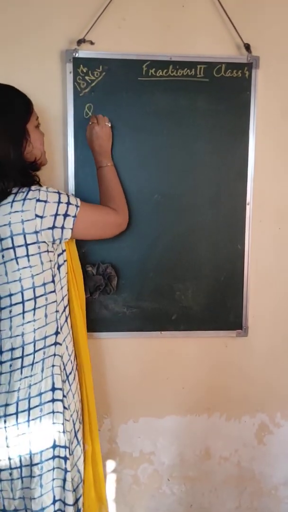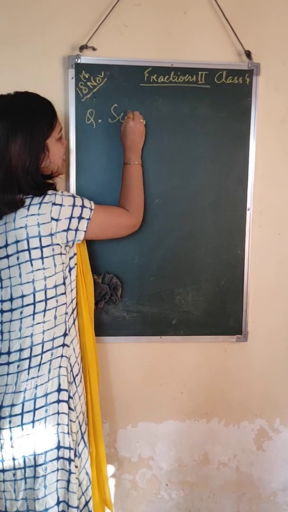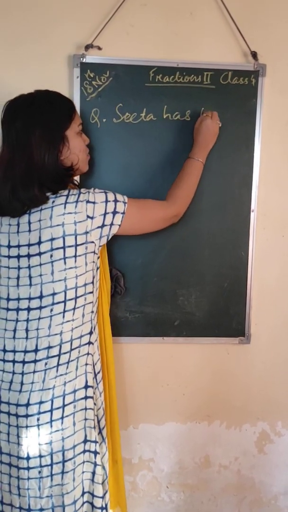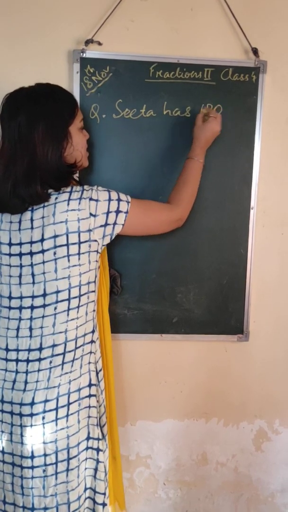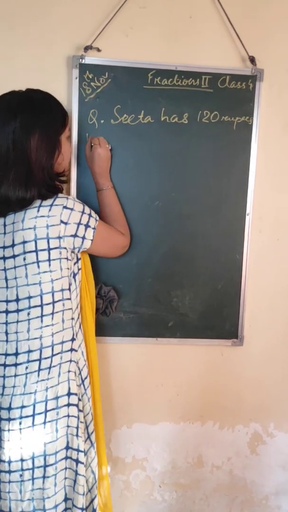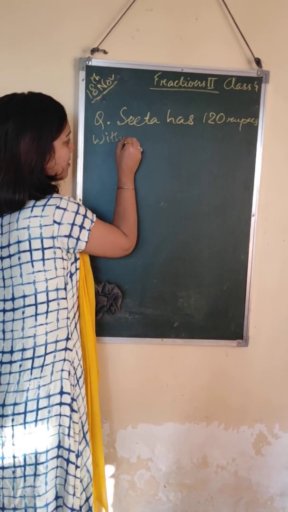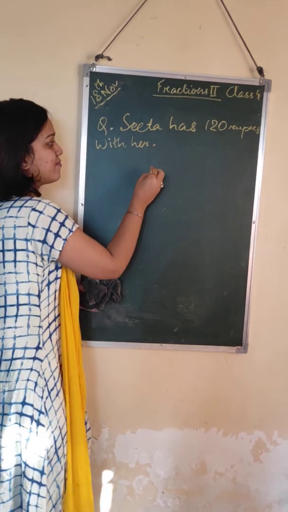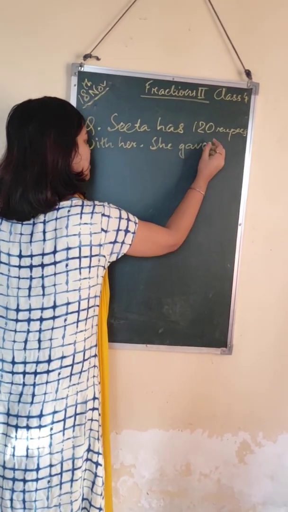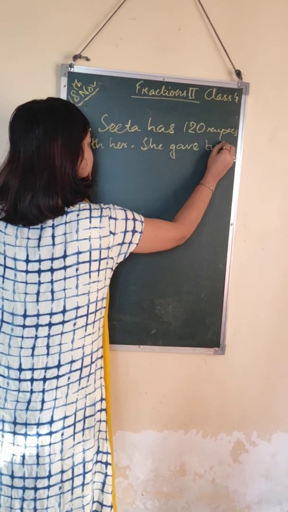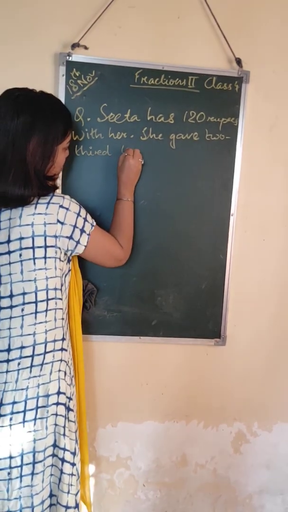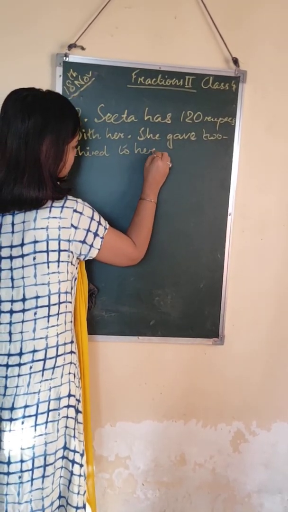Now, suppose I give you a question. Sita has 120 rupees with her. She gave 2/3 to her sister.